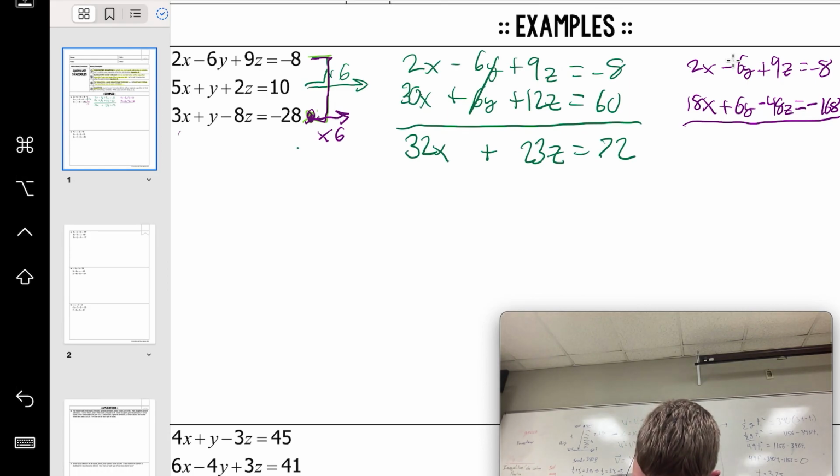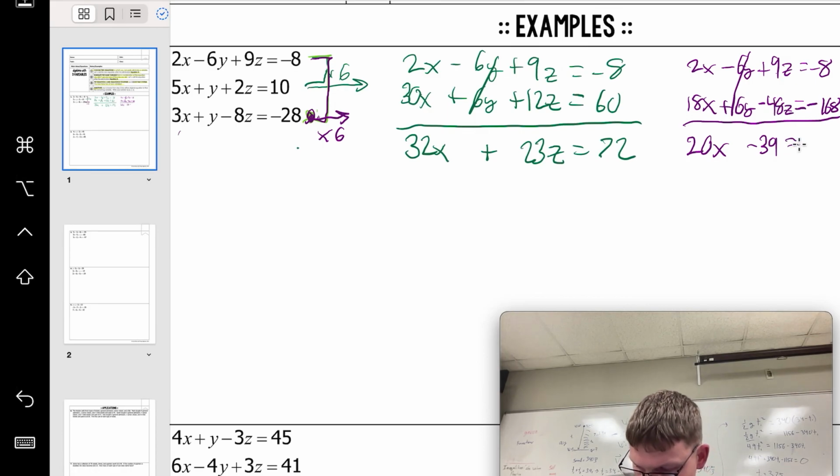So we've got 20x. Our y's cancel out. And minus 39z. So that's plus 9 plus or minus 48z equals -160. Oh, no, not at all. So I almost dropped a negative sign.